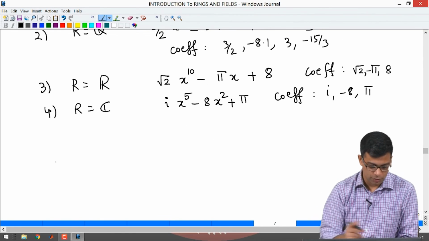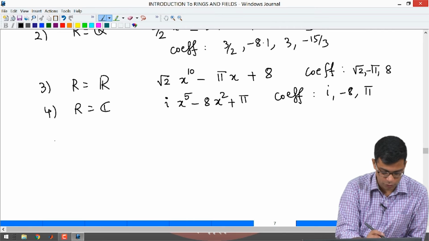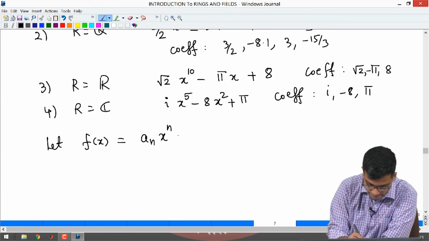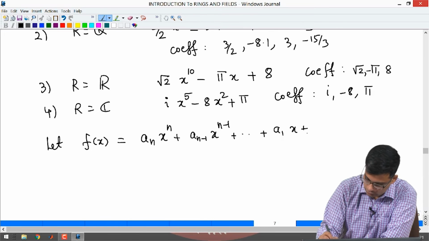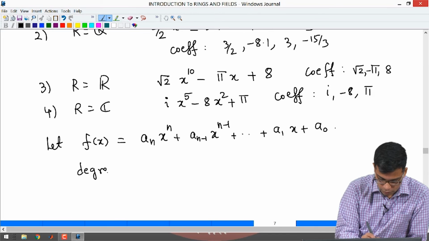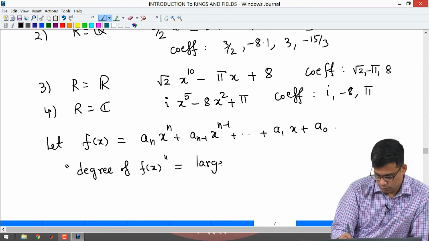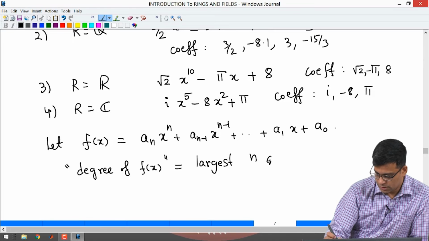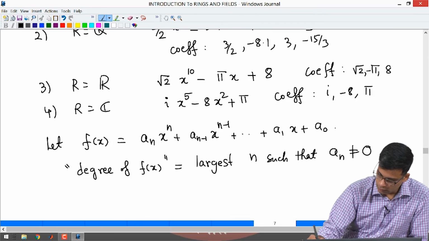And some terminology: we call degree. Let us say f is a polynomial; we usually use the symbols f, g, h to denote polynomials. The degree of f is the largest n such that a n is non-zero.